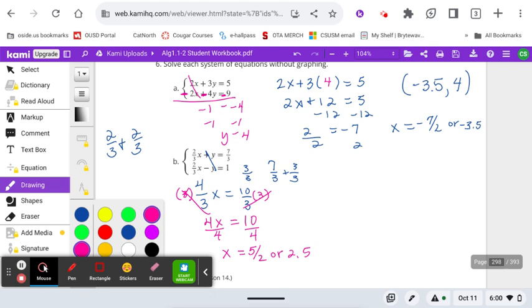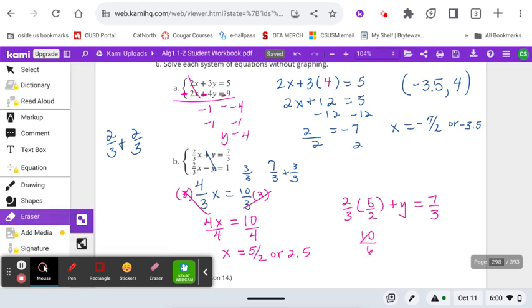This is my x. I'm now going to go over and plug in to solve for y. So multiplying fractions, plugging in that 5/2, I'm going to get 10/6 when I do top times top over bottom times bottom.